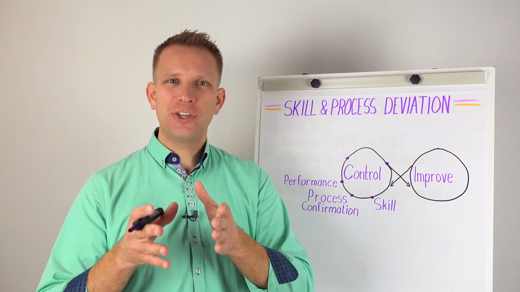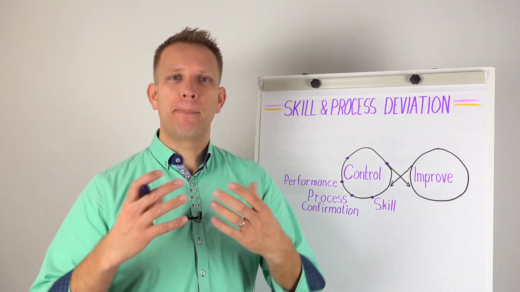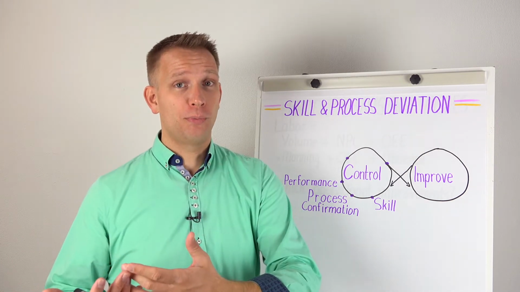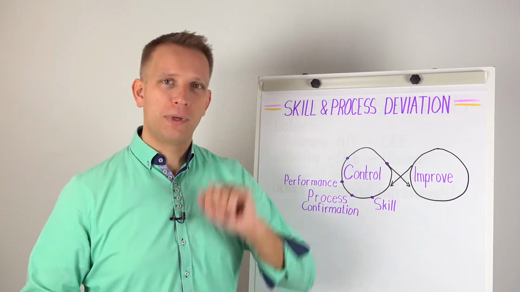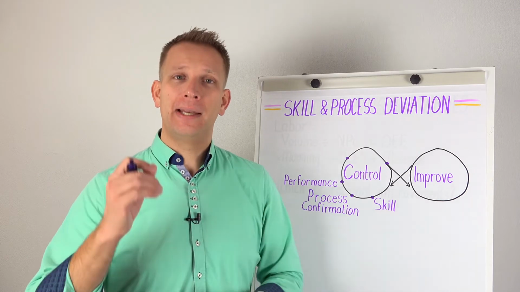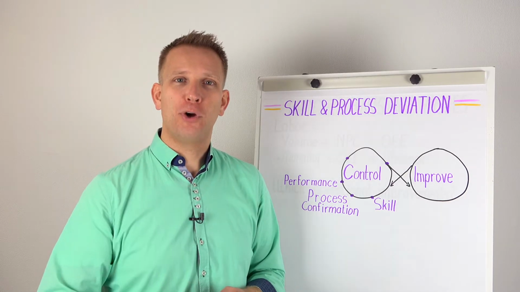So there is a deviation in the skill and competency management for either the whole process or specifically this person. That is something we flag as a deviation, and this deviation, it is a problem to us.